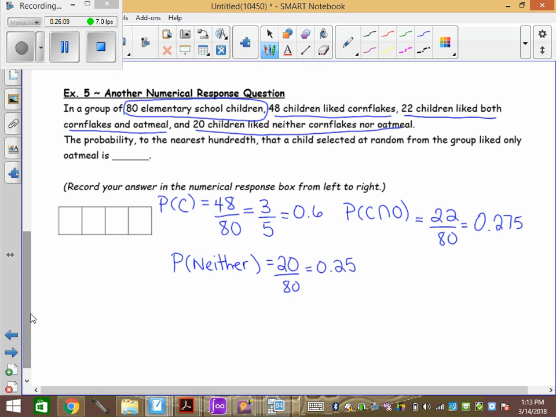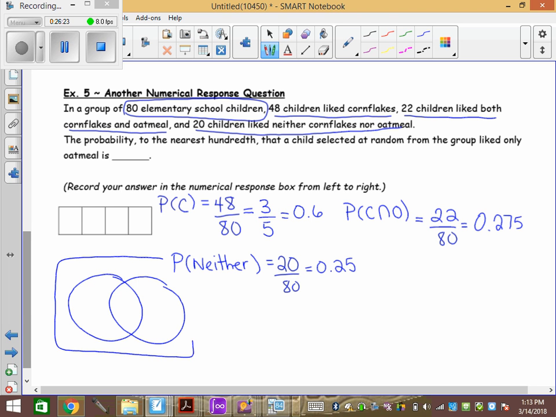What could we do now to make this represented better, easier? A Venn diagram. Cornflakes, oatmeal. What could we put where now? There are two places we could start. We start in the middle, 0.275.